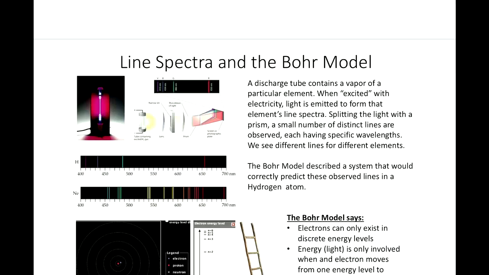So what scientists did was look at these lines and try to come up with some type of model that explained them. We could just say, oh, there are these magical lines that come off when you excite an element, but the marvel of science is, okay, let's come up with a model that not only explains the phenomena and observations that we're seeing, but also agrees with everything else that we've seen in our universe so far.